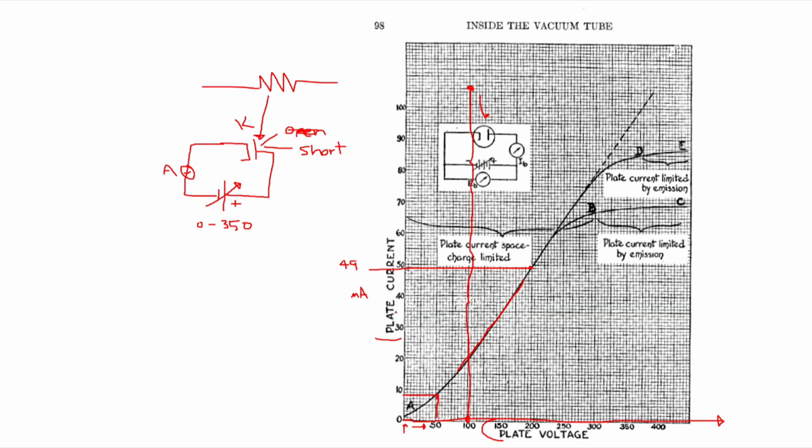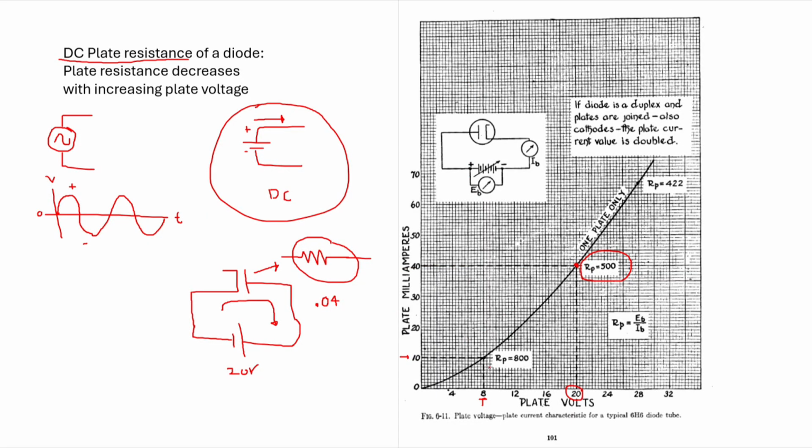I won't bore you with that now. We get a plate resistance of 800 ohms. We can do it again up here for 28 volts, and at 28 volts we get something like 65 milliamps, close to that. Run Ohm's law, and we get a plate resistance of 422 ohms.